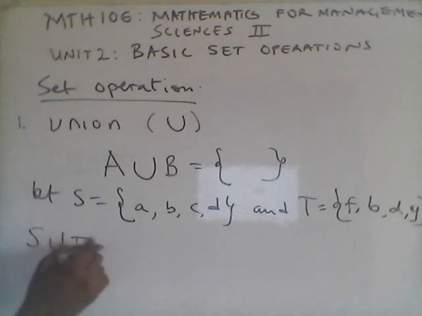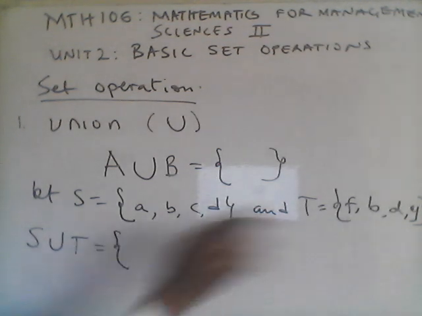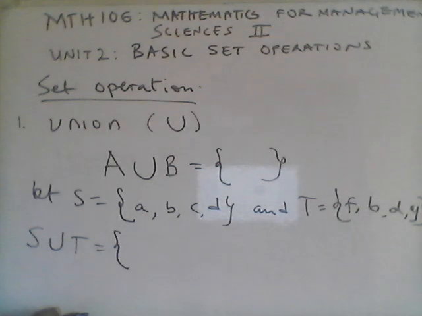S union T will now give me a resultant set that will contain these two. But I'm not going to repeat any of the elements.